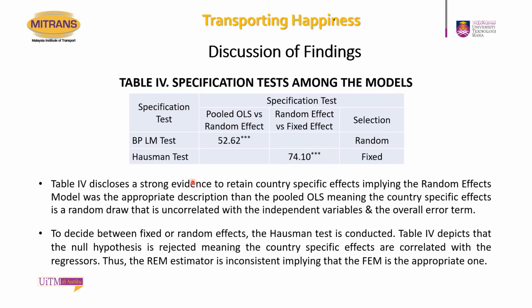In table 4, to choose the appropriate model among the three, when we run the Breusch-Pagan LM test, as mentioned earlier, we reject the H0, so we choose the random effect. For random versus fixed effect, we test using Hausman. Again, we reject H0, and it seems that we have to choose the fixed effect as the appropriate model.